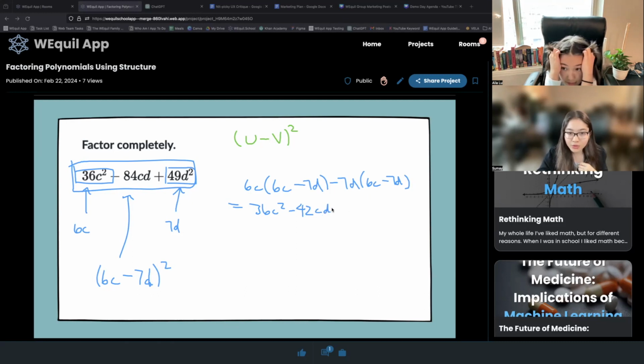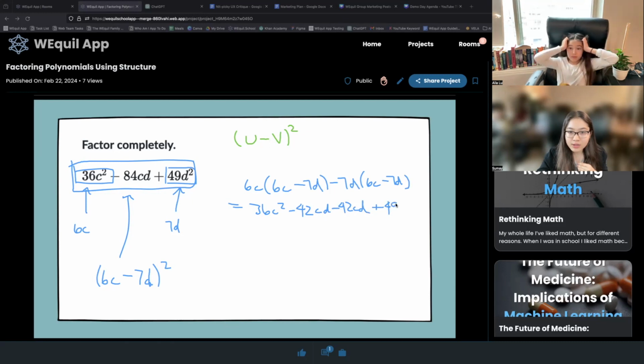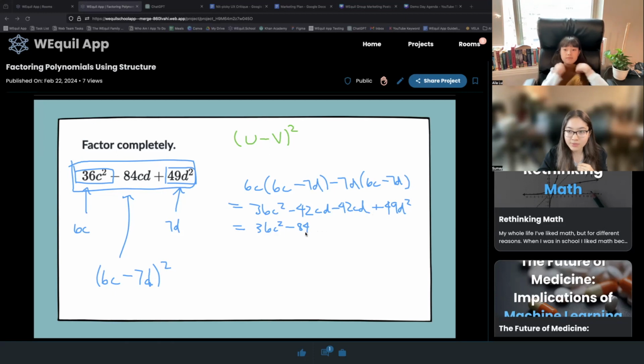And then this is also minus 42cd plus 49d squared, which altogether equals 36c squared minus 84cd plus 49d squared, because minus 42cd minus 42cd is minus 84cd. That is the exact same thing as over here.